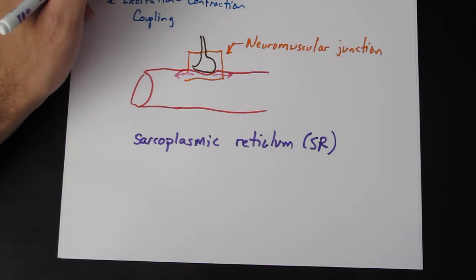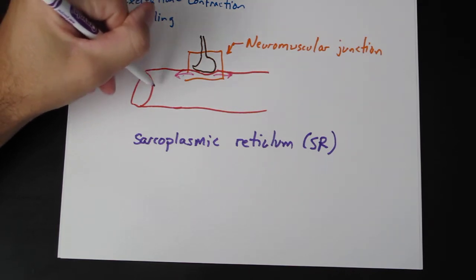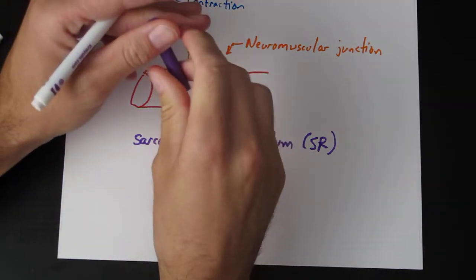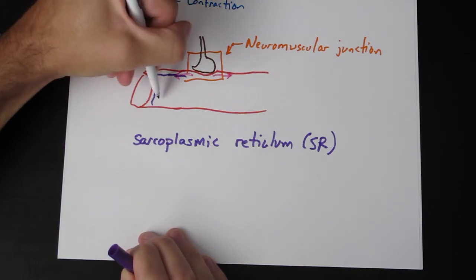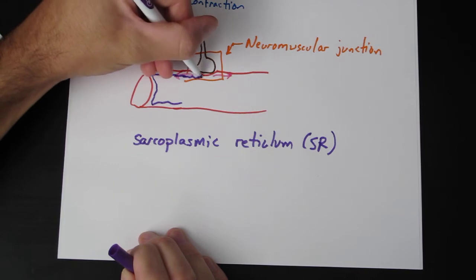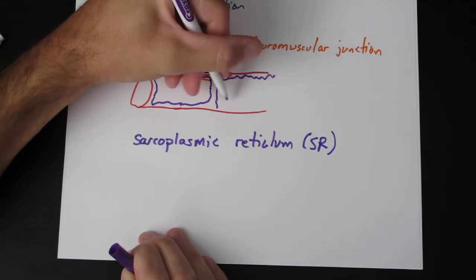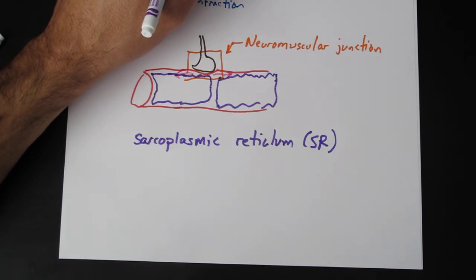Now, the sarcoplasmic reticulum is a modified endoplasmic reticulum, and it lies underneath the sarcolemma. All right, so we have our sarcolemma here. If we were somehow able to come in and peel that sarcolemma back, what we would find underneath it, kind of laying on top of those myofibrils, is the sarcoplasmic reticulum. There might be a couple of them in a muscle cell. I think the artist of your textbook makes it look like a piece of sliced Swiss cheese laying underneath the sarcolemma, and that's kind of what we have.